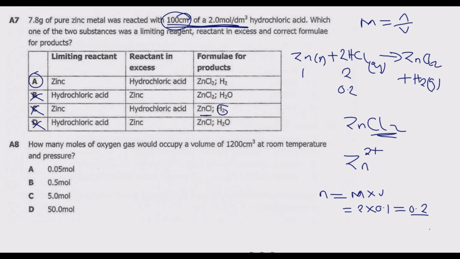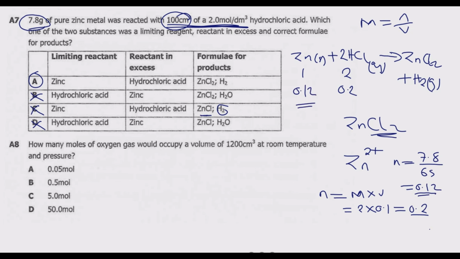Then what are we supposed to have of zinc? So we divide 7.8 to find the number of moles. The number of moles of zinc will be the mass given, which is 7.8, divided by the mass number of zinc, which, if you check on the periodic table, is 65. When you divide that, we end up with 0.12.